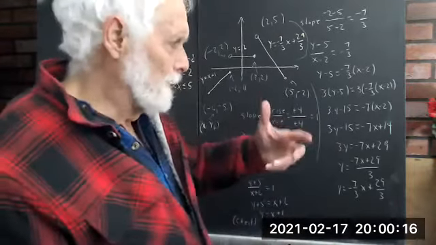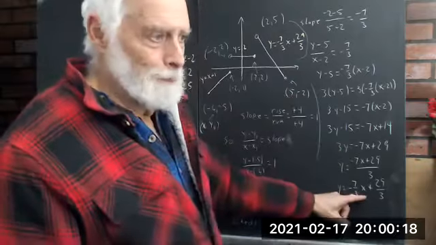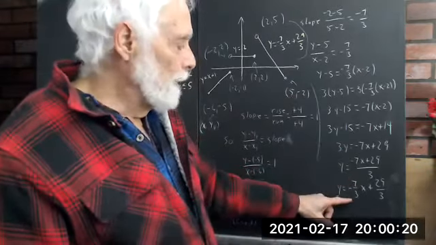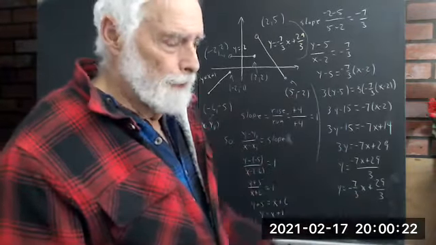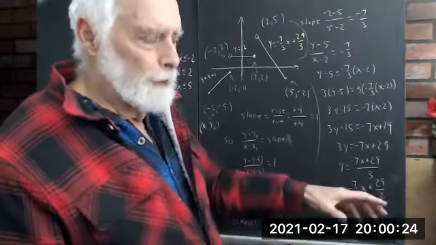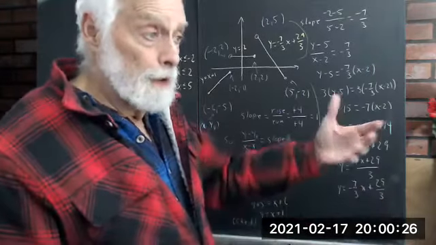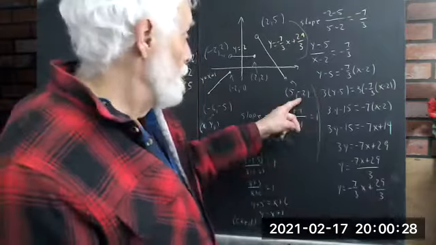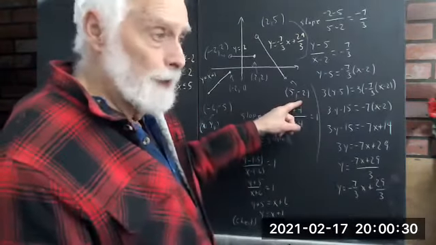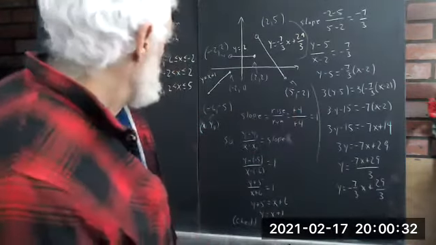Okay, wasn't making sense. Plug in 5 for x. You get negative 35 over 3 and 29 over 3. Well, negative 35 and 29 is negative 6. Negative 6 over 3 is negative 2. And that's exactly what y ought to be. Okay.